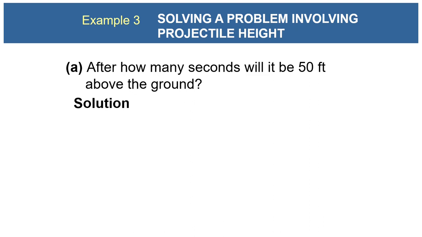To do this question, let's recall the formula that we were given. We know S of t equals negative 16t squared plus 100t. Now it says, how many seconds will it be 50 feet above the ground? That's our position.